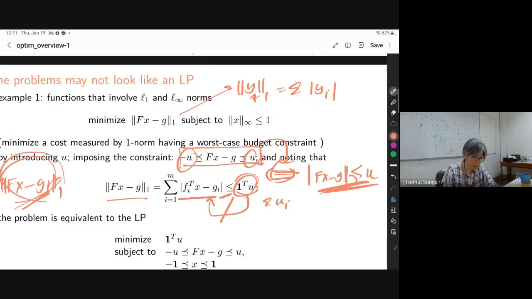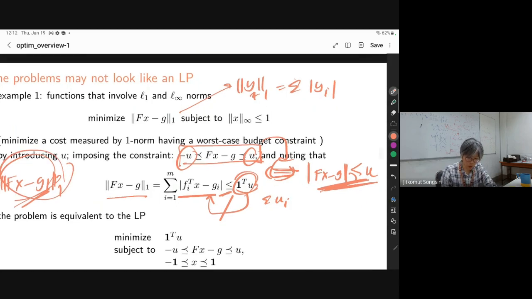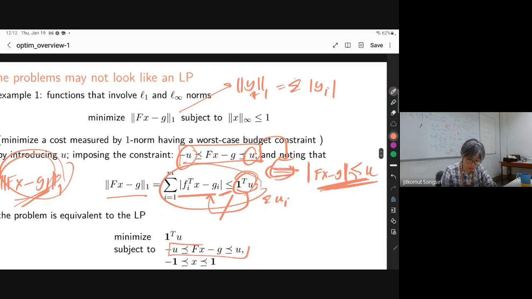So I minimize the upper bound instead. Does it make sense?